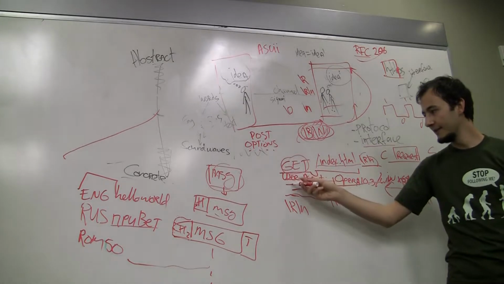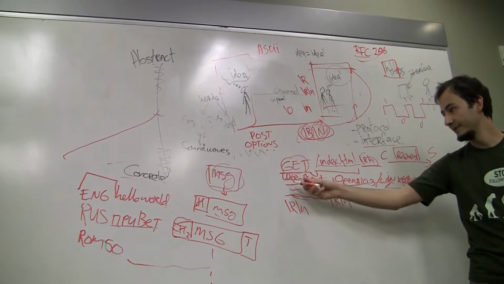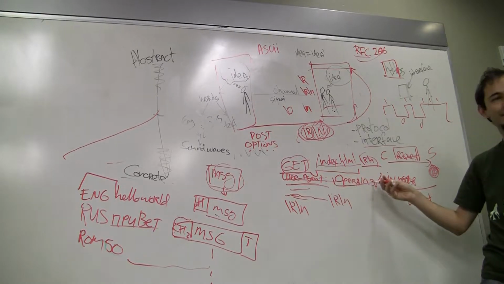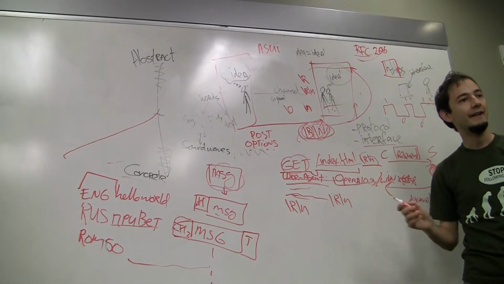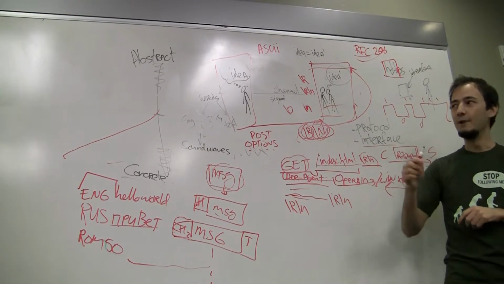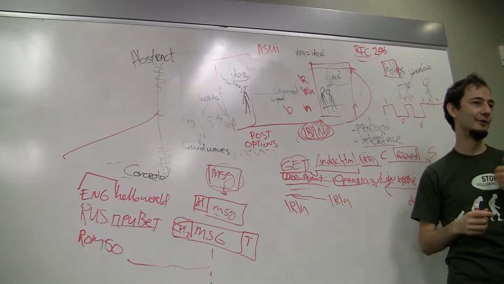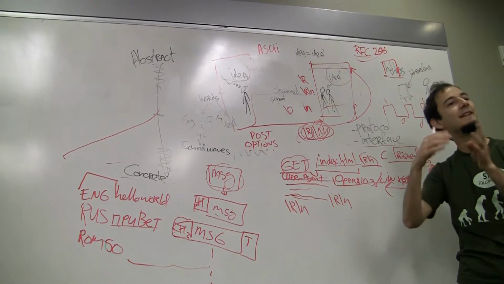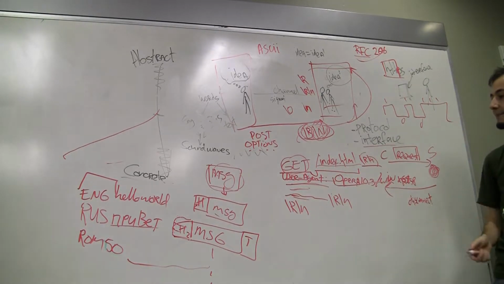It can also analyze all the other arguments given in this request. For example, it can see that the user agent is Opera, or no, let's say it's Internet Explorer. And the people who wrote the website know that if they want to use this nice rounded corner, it's not going to work in Internet Explorer. So let me send another type of page instead. So that's one other thing that happens.